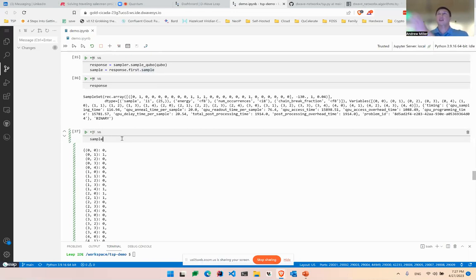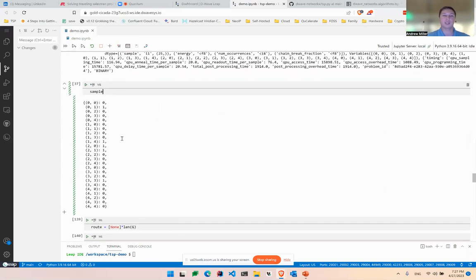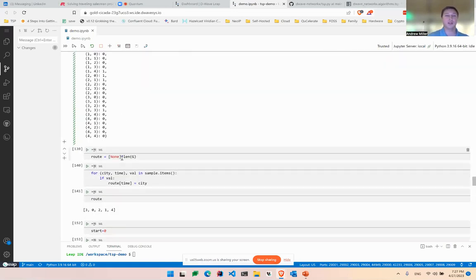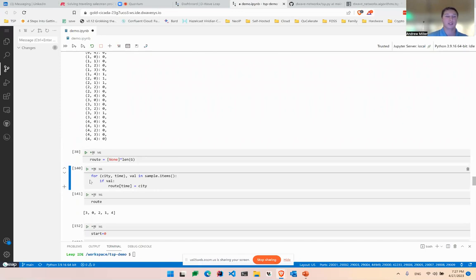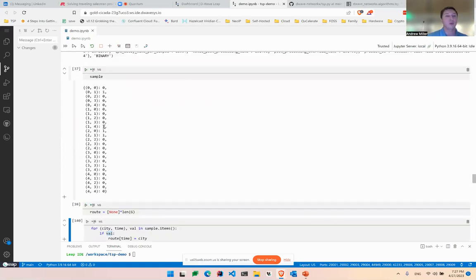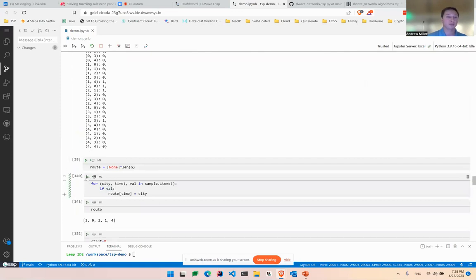Basically, it's converted from the eigenstate from the Hamiltonian back to the language that I can understand, which is the graph nodes, and 0, 1 basically means, I think, whether it's in the solution. And the way that they use to convert this into an actual route is iterate through this, and if there's one, then it becomes part of the route.